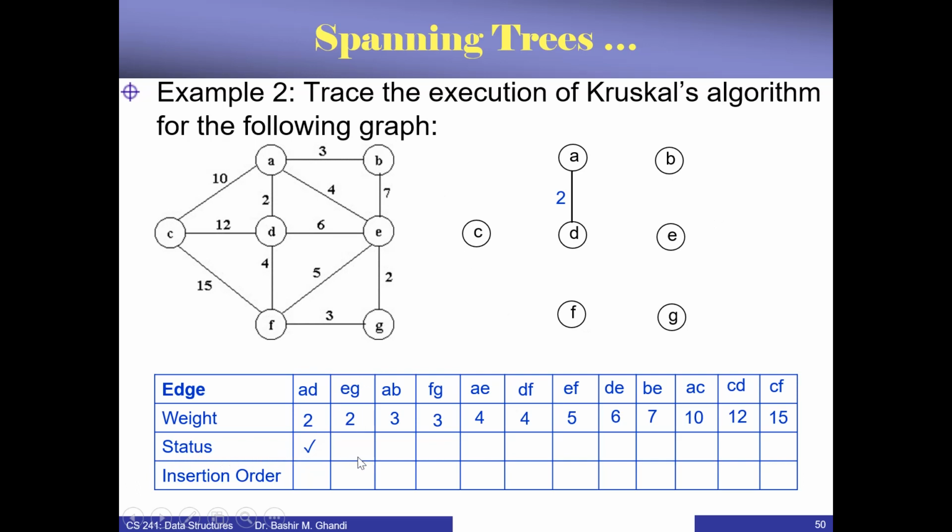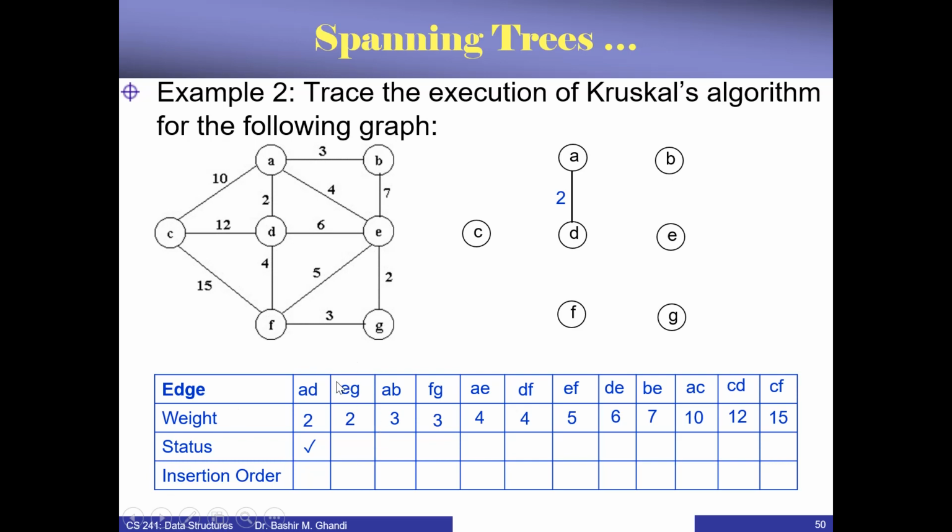As you see, this row of status is used to indicate whether the edge has been accepted in the spanning tree or not. A tick means it has been accepted.